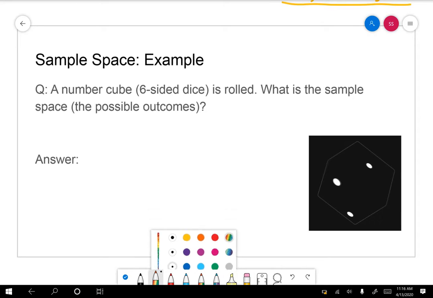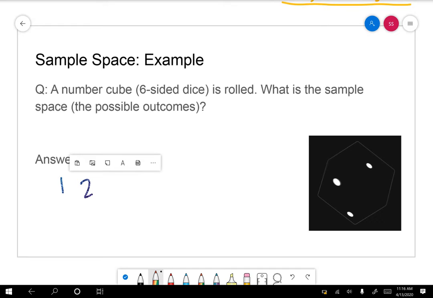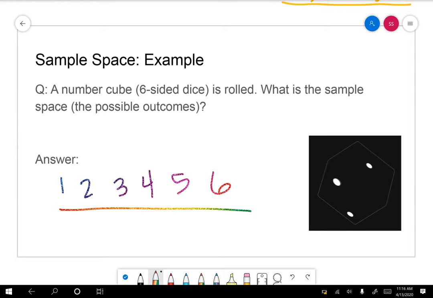So because this is a normal six-sided dice, we know that the sides of the dice have these specific numbers on them. 1, 2, 3, 4, 5, and 6. So this list right here, this is our sample space.